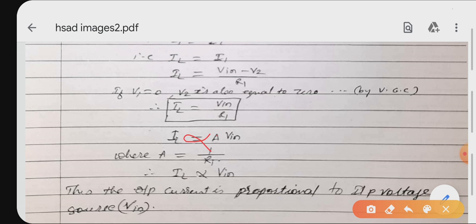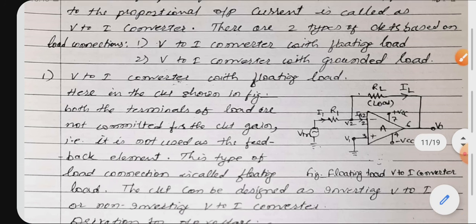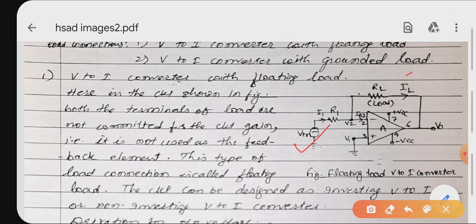So IL is proportional to Vin, as this A is kept as constant. So what does this circuit indicate? That output current is proportional to input voltage. That's why it is called as a V2I converter. Input is voltage, and output is a load current IL, V to I converter.